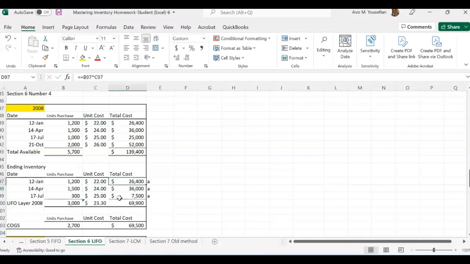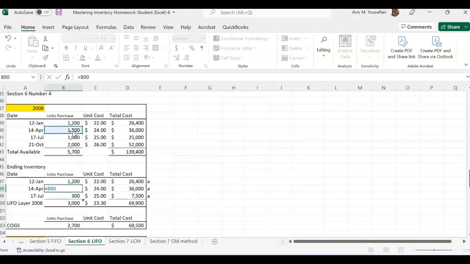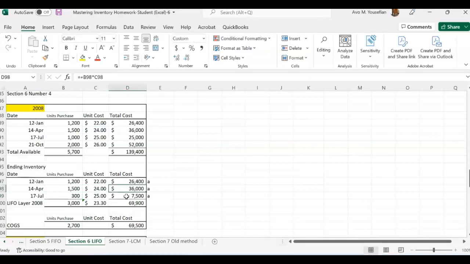If you multiply that, that's 26,400. But that's not enough. We need 3,000. So let's go one step down and pick it up from here, which is the whole 1,500 units. And the cost is $24. And then we multiply that, and that's 36,000.